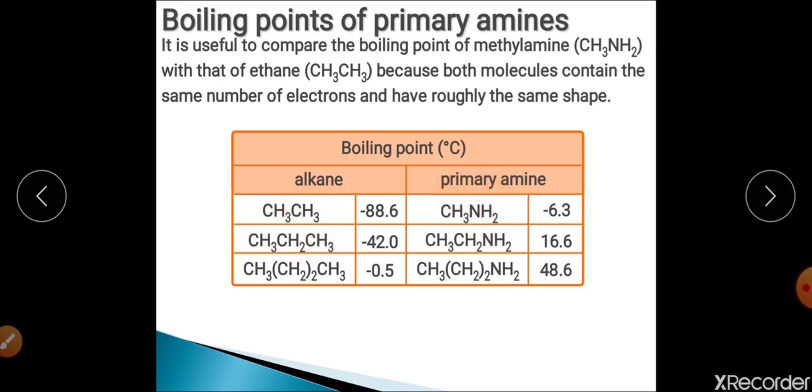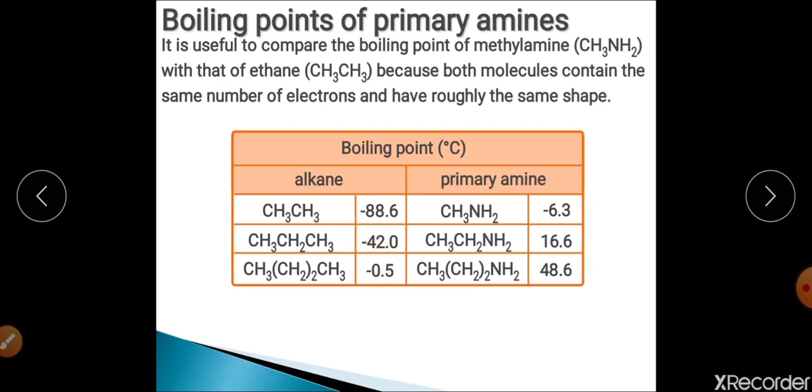When we look at the molecular weight of these two different compounds, we find that they have comparable molecular mass, and when we compare their boiling points, we see that amines generally have a higher boiling point in comparison to alkanes.